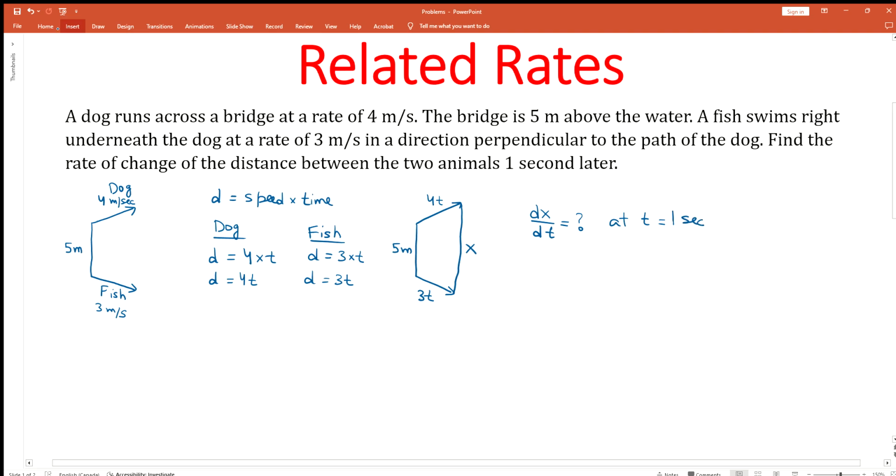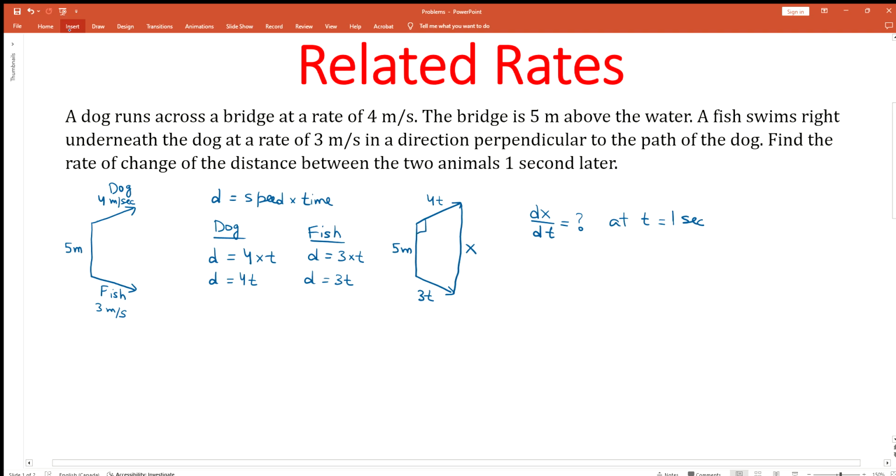This is a very important concept we need to understand to solve this type of problem. As per the problem, the fish is moving in a direction that's perpendicular to the path of the dog, and the starting point of the dog is 5 meters above the starting point of the fish. In this diagram, the sides represented by 4t, 5 meters and 3t are perpendicular to each other, because the side that represents the direction of the motion of the dog is perpendicular to the side that represents the height of the bridge above water.